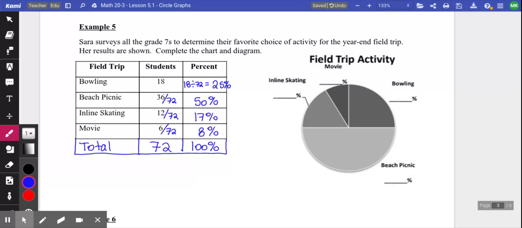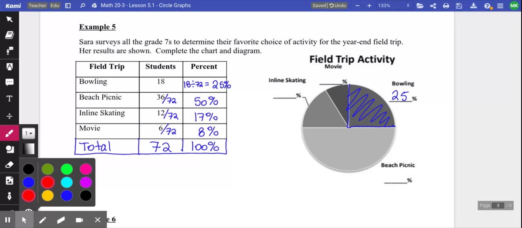So for instance, for bowling, I need to take up 25% of the circle, which is a quarter of my circle. They then had my inline skating as 50%. That should be half my circle, which that is half my circle, 50%. 17% and 8% are hard. 17% should be a little bit less than a quarter.